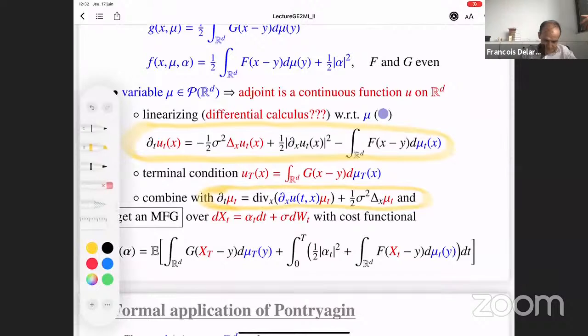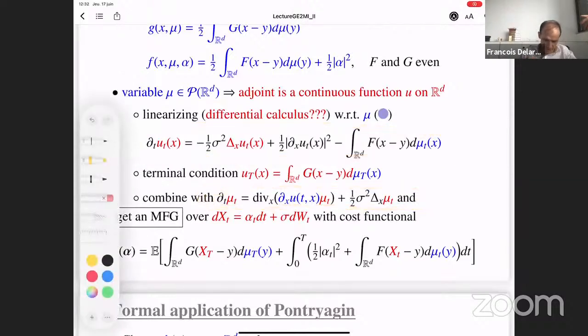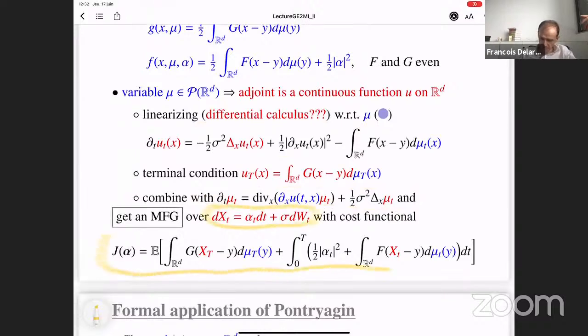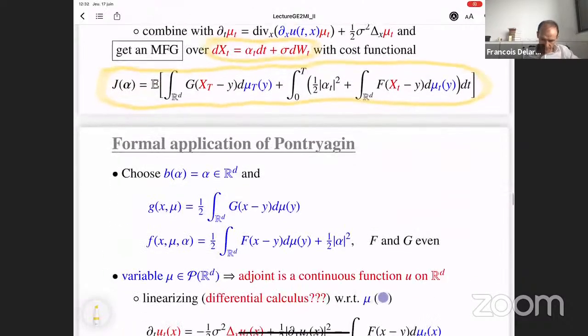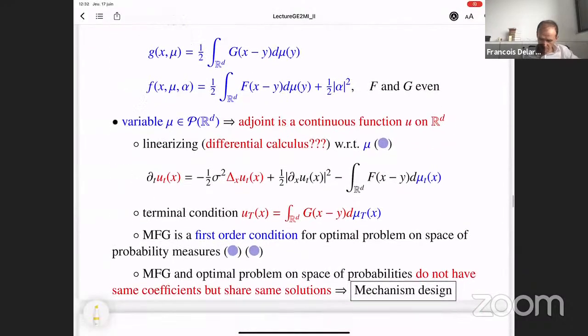And the mean-field game here is exactly the one that is described at the bottom of the slide. You have your typical player as we had yesterday, and this is the cost to your typical player in the related MFG. So this is the main thing that I wanted to tell you.